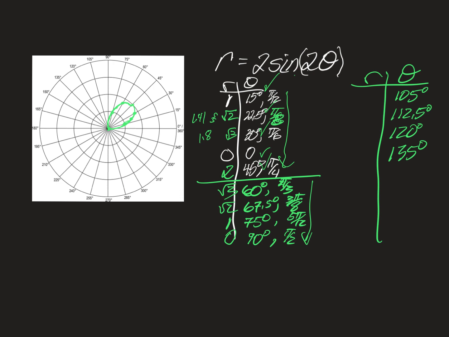Now, what would I expect to happen? Because the 105 has the same reference angle as the 15 degrees, I would expect to get the same values. So I would expect to get 1, square root of 2, square root of 3, 2 out of these in the same order. However, when I put 105 degrees into here, I get 2 times theta, which is 210.